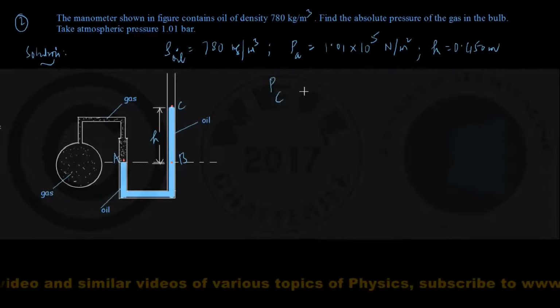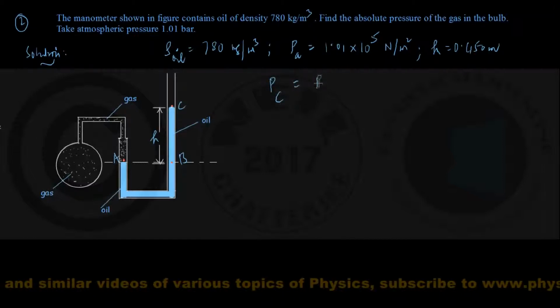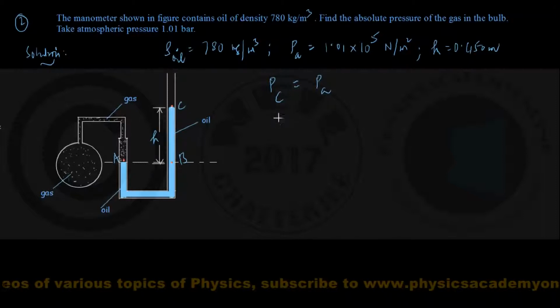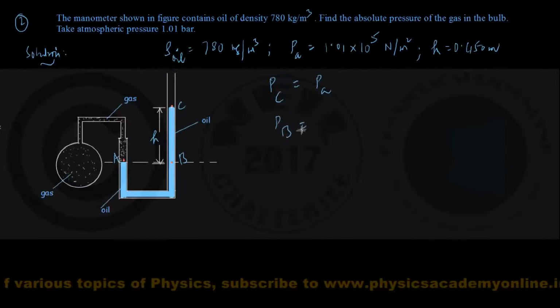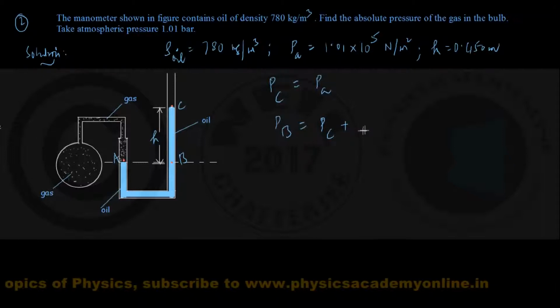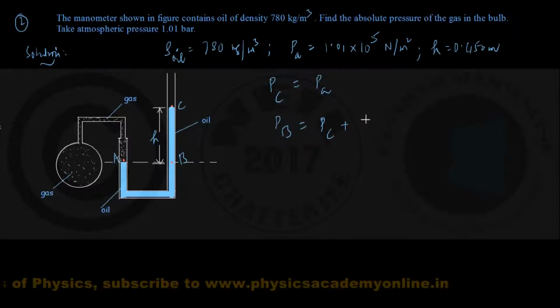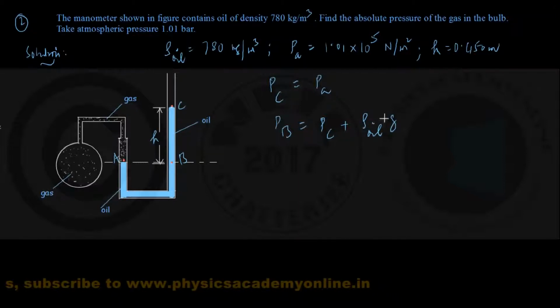These are all absolute pressures. PC is equal to atmospheric pressure. Then this height is equal to H, therefore you can write down the pressure at the point B is equal to the pressure at the point C plus, the formula is rho g h, here rho for the oil, symbol for that is rho oil, into g, free fall acceleration, into height of oil column above the point B up to the point C, that is H, so rho oil into g H.